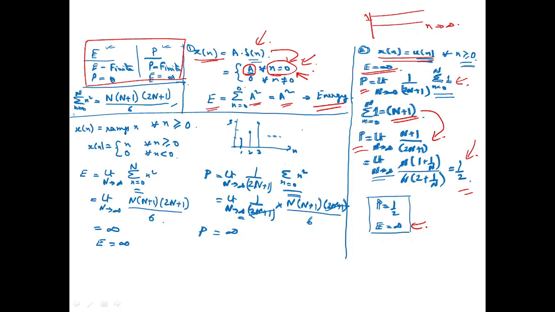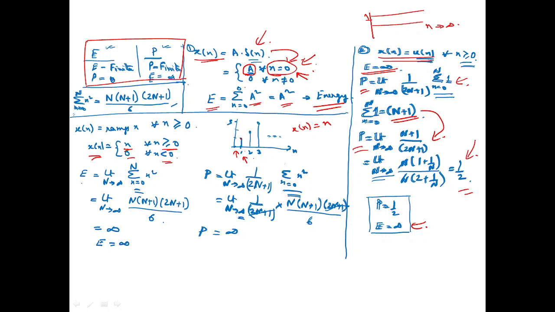Now next it is x[n] equals ramp of n. Ramp of n means x[n] equals n. That means at n equals 0, the amplitude would be 0. At n equals 1, the amplitude would be 1. At n equals 2, the amplitude equals 2, and so on. So x[n] is equal to n for n greater than or equal to 0 and 0 for n less than 0.